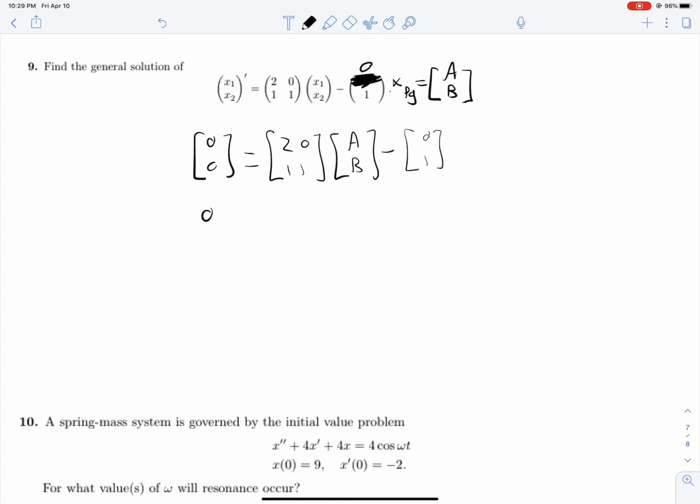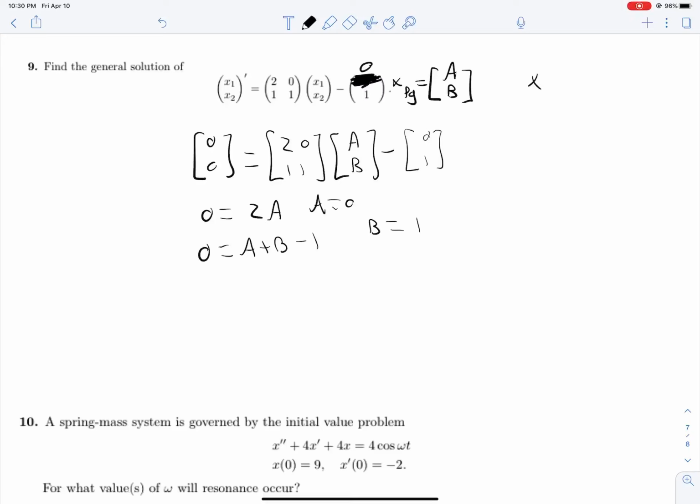And so solving, we see that 0 is equal to 2a minus 0, and 0 is equal to a plus b minus 1. So a is equal to 0, b is equal to 1. And so that gives us half of our particular solution there.